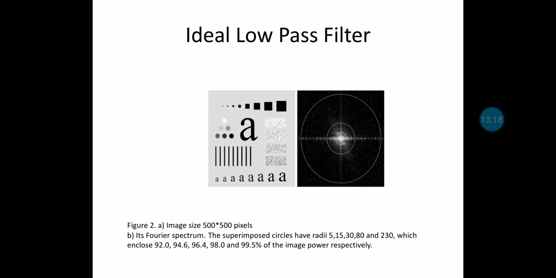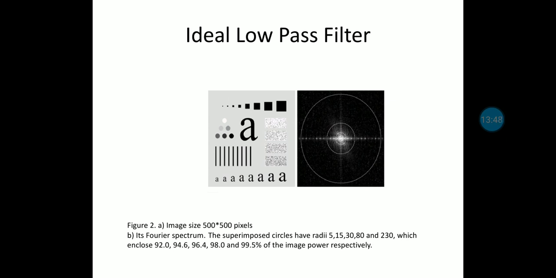Such superimposed circles with different radii enclose some part of the image power. For the given picture, the percentage of power enclosed is almost 92, 94, 96, 98 and 99.5%. So what does it mean to us?